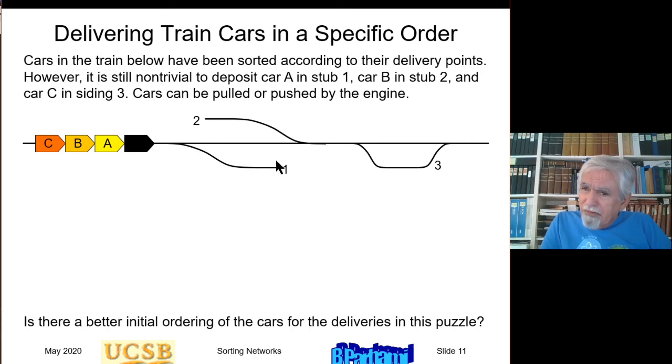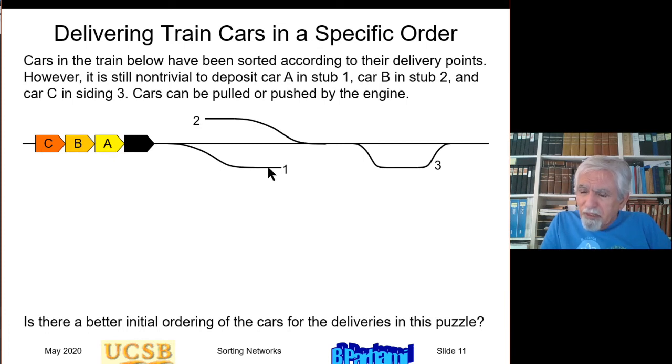So basically factories have container cars on this siding, and then a new container car arrives, they unload it, they load it with new stuff, and then the engine comes back and takes it to whatever destination it's headed. So now the objective in this puzzle is that we have this train with its cars arranged in order ABC.